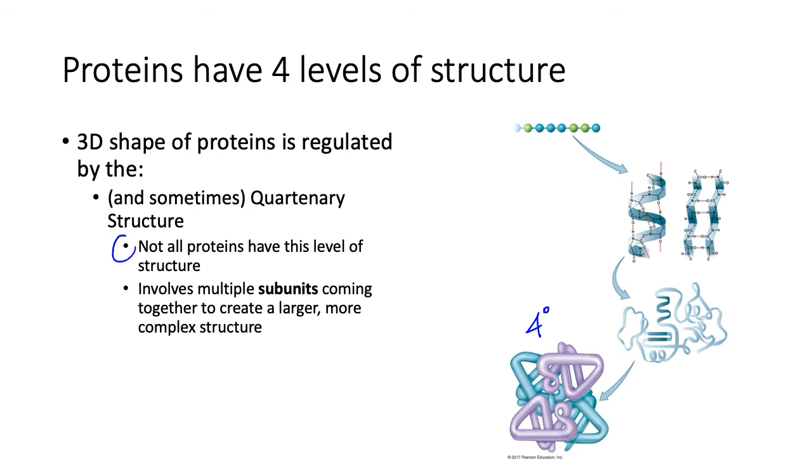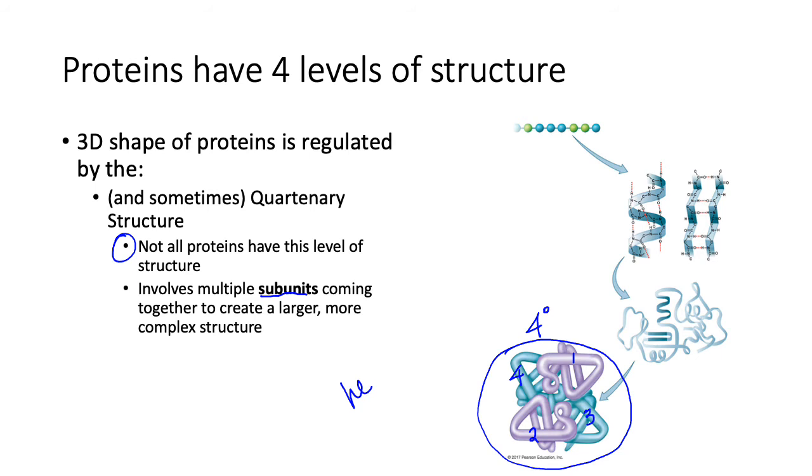Again, not all proteins have this level, but when proteins do have this level, what's happening is that there are multiple subunits or smaller proteins that are going to come together to make a larger, more complex structure. So for example, we have 2 purple proteins. Those proteins have completed their tertiary shape, and we have 2 turquoise proteins. So we have 4 subunits in this example coming together to make an overall much larger structure.